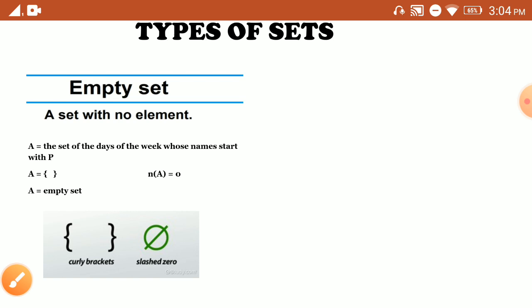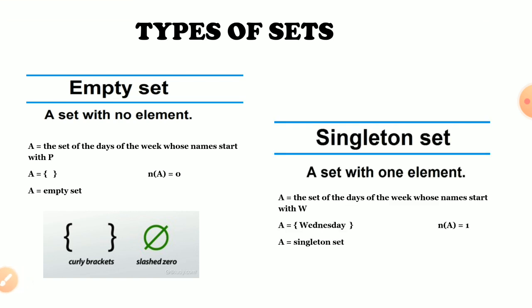Okay, the next type of set we are going to study is the singleton set. Again, the name indicates a singleton set means a set with only one element. A set which has only one element is called a singleton set.